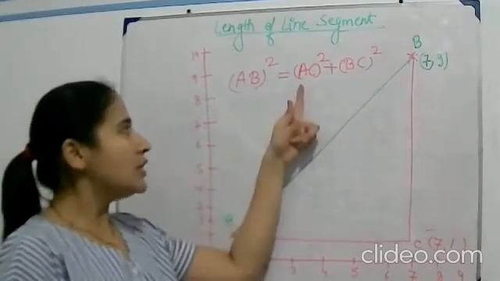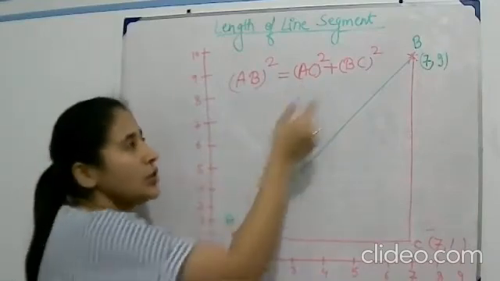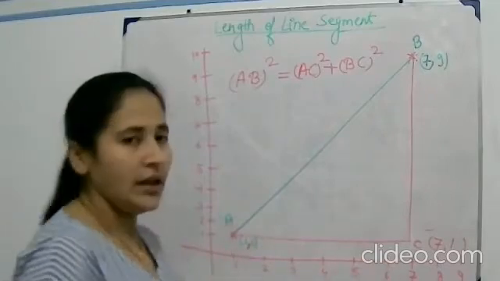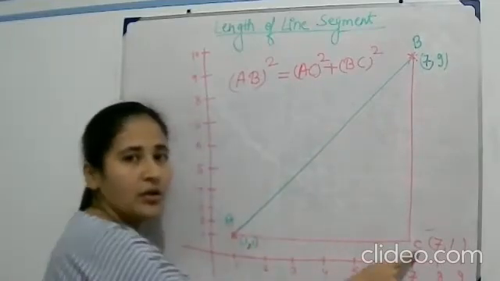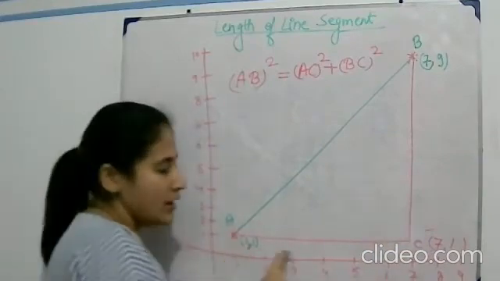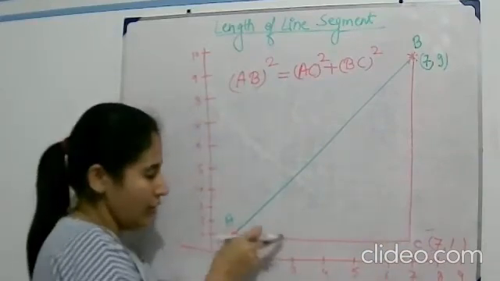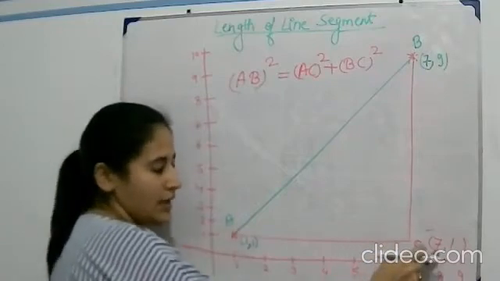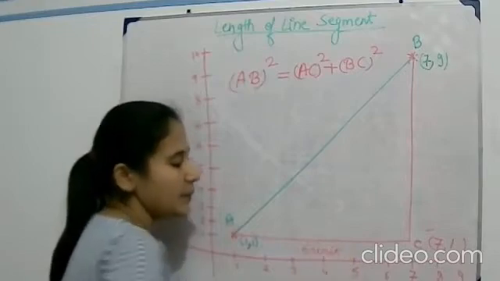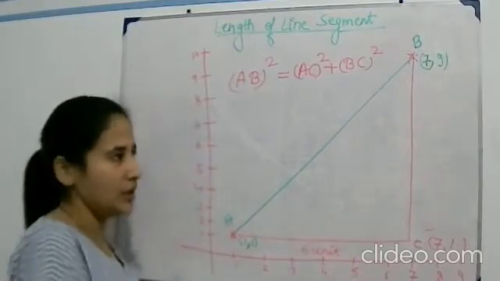For that, we should know the length of AC and BC. AC coordinates we know, so x2 minus x1 will be the length of AC. So 7 minus 1, 6 units. So AC is equal to 6 units.